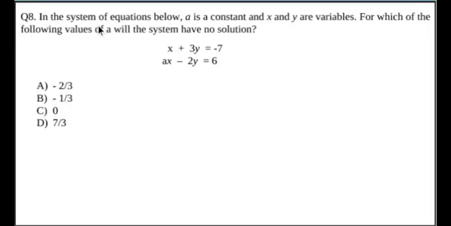Question 8. In the system of equations below, a is a constant and x and y are variables. For which of the following values of a will the system have no solution? If we look at the two equations, we can see that they're both linear.